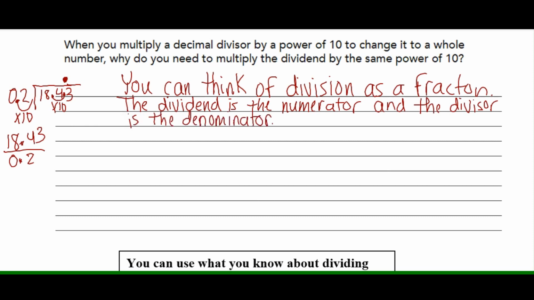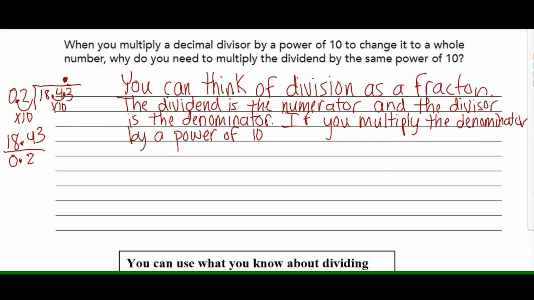So if you multiply the denominator by a power of 10, which in this case we have to multiply the denominator by 10, since we have to move the decimal point one time to the right. Moving to the right is the same as multiplying by 10. Since we multiplied the denominator by 10, we have to multiply the numerator, which is the dividend, by the same power of 10.